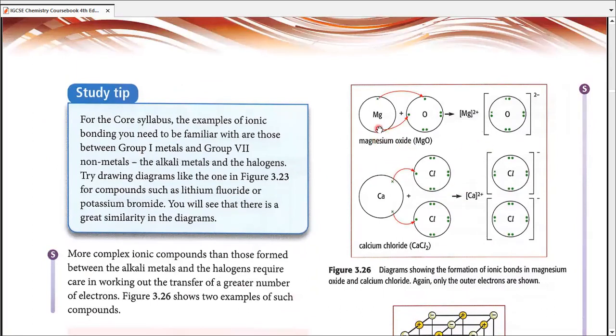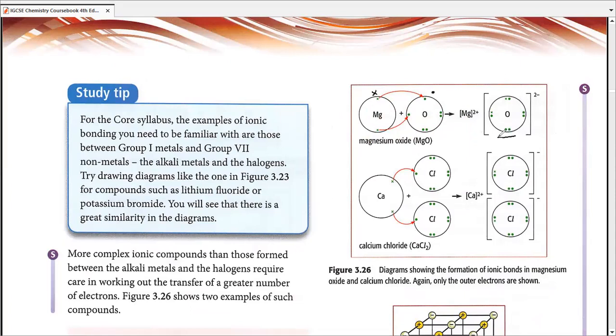Let's take a look. Magnesium has 2 electrons in its outermost shell as it is in group 2. Oxygen has 6 as it is present in group 6. Magnesium is a metal, so it will lose 2 electrons. Oxygen is a non-metal, so it will gain those 2 electrons. Now, as you can see, magnesium's electrons are shown with crosses. However, the oxygen electrons are shown with dots.